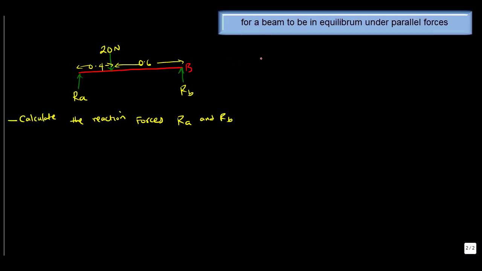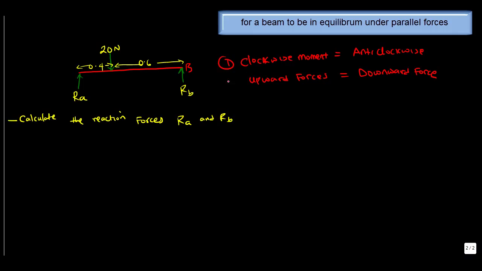Well, we know that clockwise moment is equal to anti-clockwise moment, and upward forces is equal to downward forces. And these are our two laws. Every single time we have torque or moment, we have to know these rules.